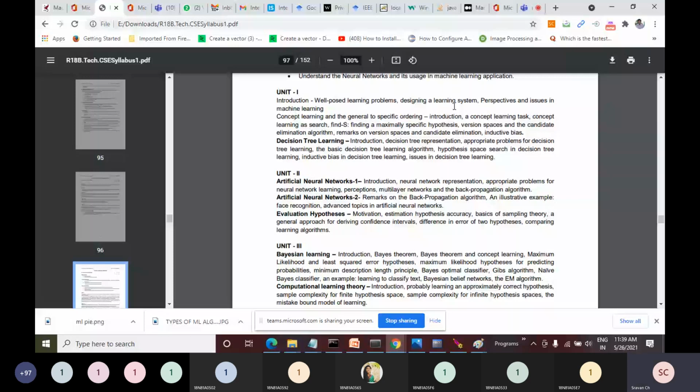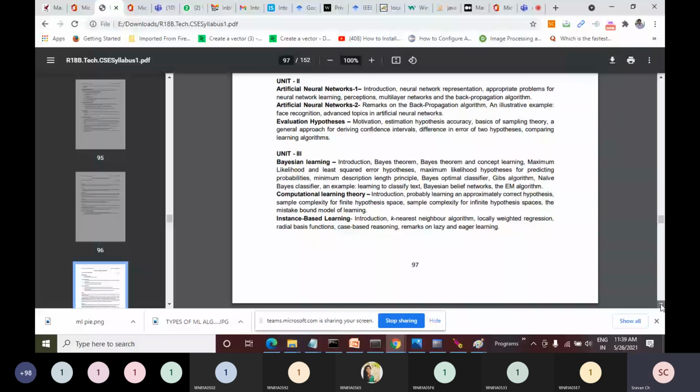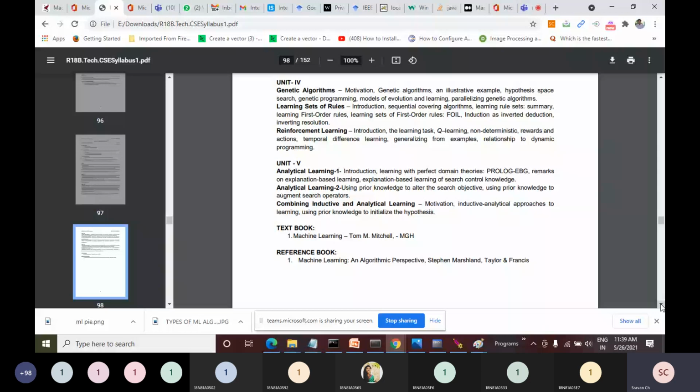Now coming to Unit 2, artificial neural networks, which is very, very important. The third is Bayesian learning. Unit 4 is genetic algorithms and reinforcement learning. Unit 5 is analytical learning, or inductive and analytical learning.